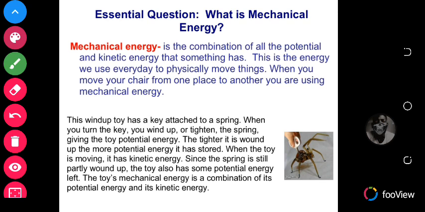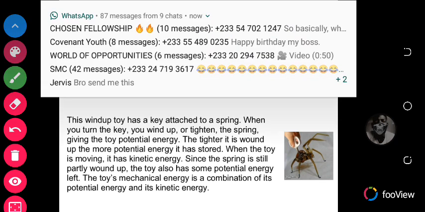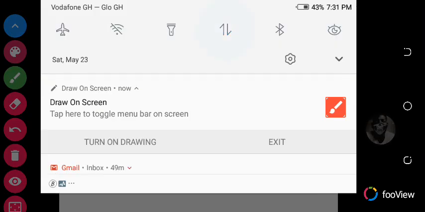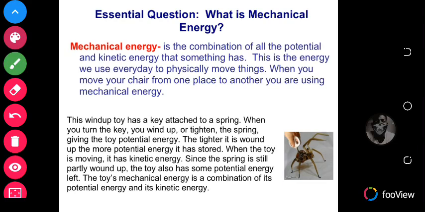Example, this wind-up toy has a key attached to a spring. When you turn the key, you wind up or tighten the spring, giving the toy potential energy.